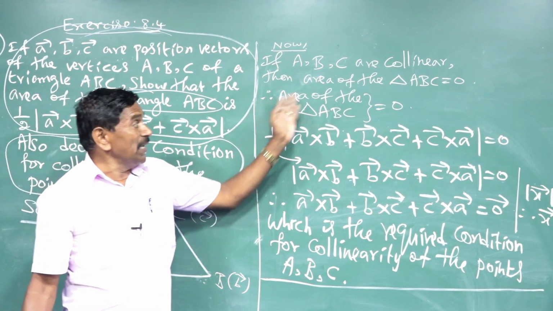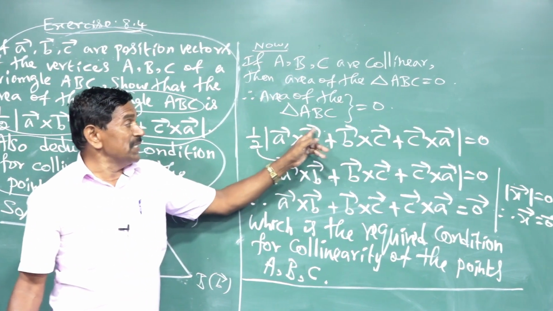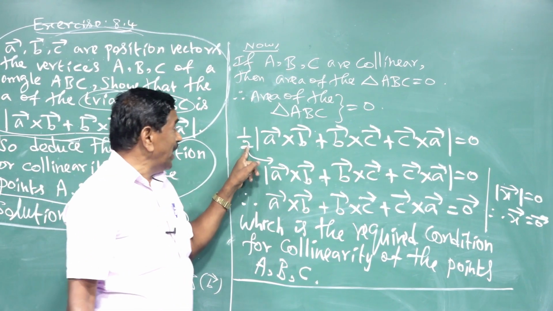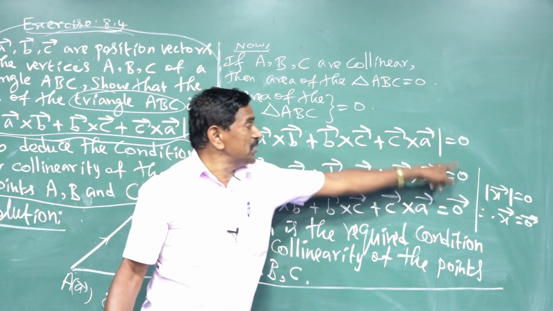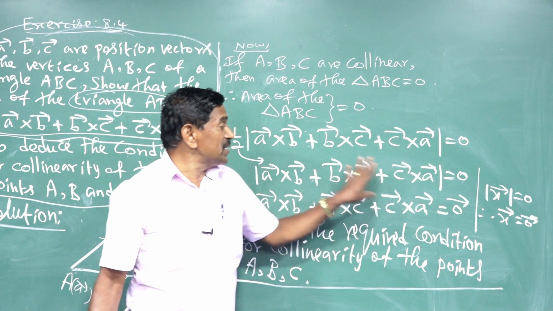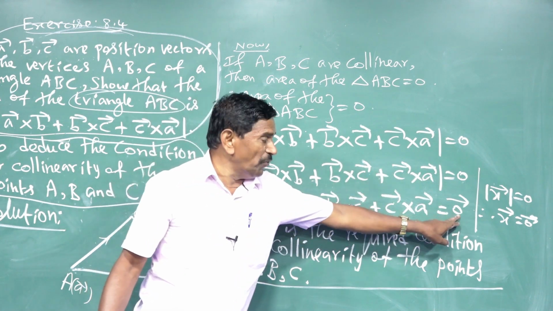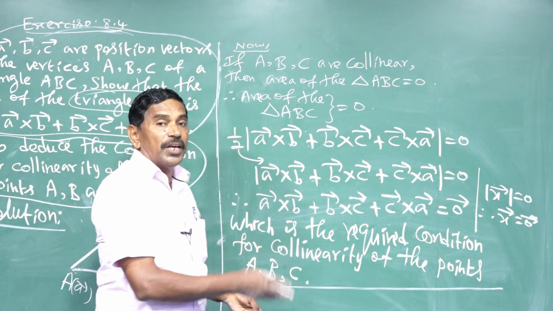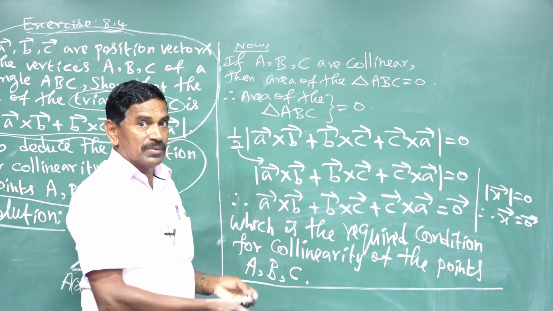Then divided 2 goes to right, 2 into 0 is equal to 0. Now modulus of a vector equal to 0, which means this inside vector is a 0 vector. Therefore, which is the required condition for collinearity of the points A, B, C? So hence the answer.